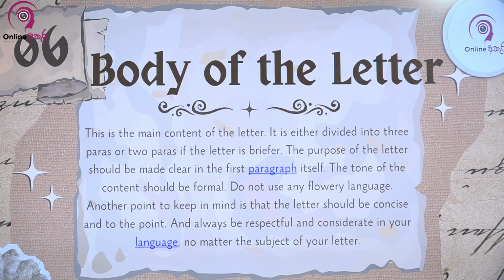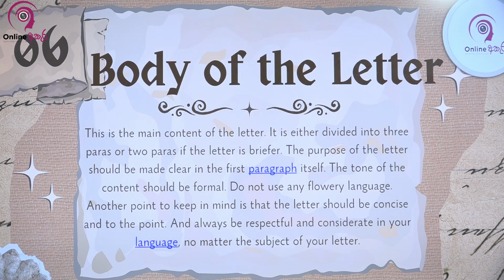After the topic, you can write, I am writing this letter in order to request to extend my assignment submission date as I was hospitalized due to dengue fever.